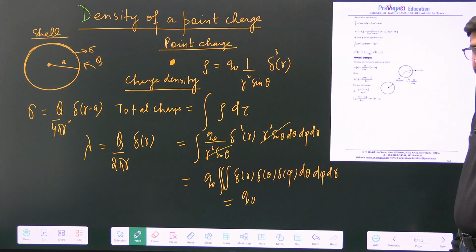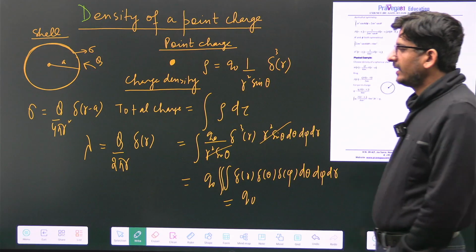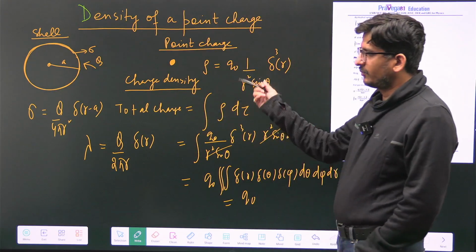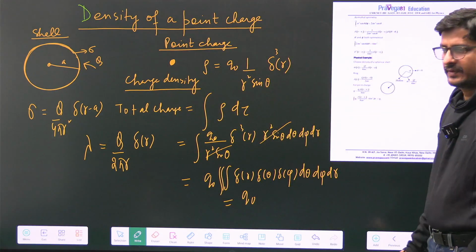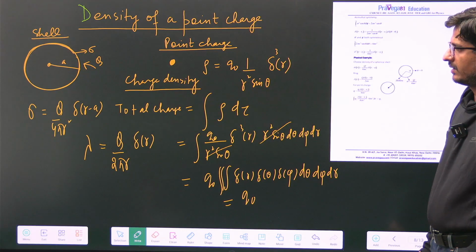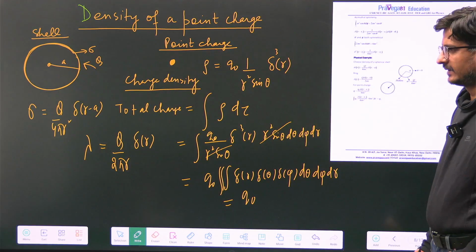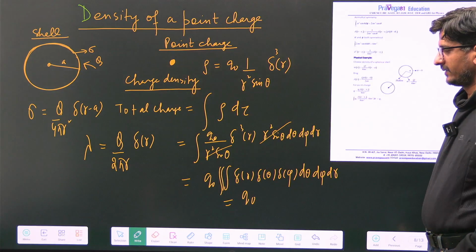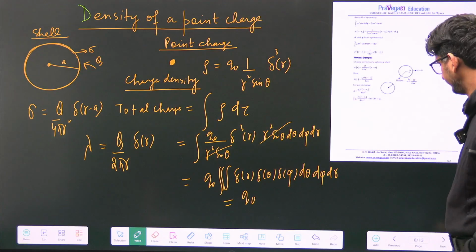Understood? So the Dirac delta function can be used to represent point charge, surface charge, volume charge or line charge densities. This is a very important application of the Dirac delta function. Is it clear?